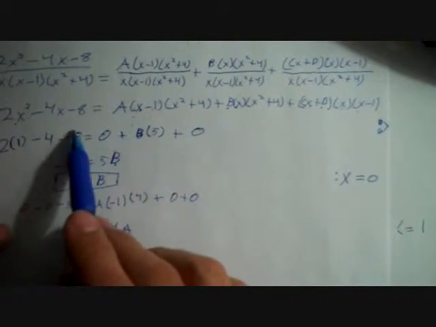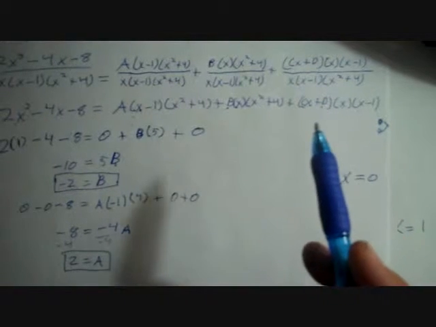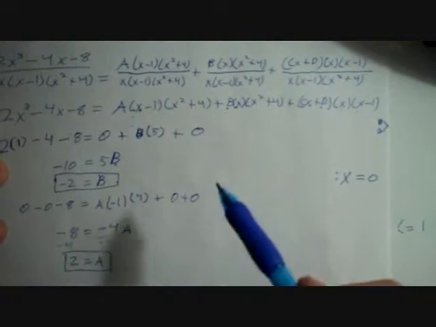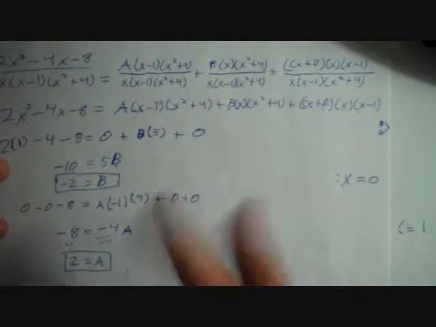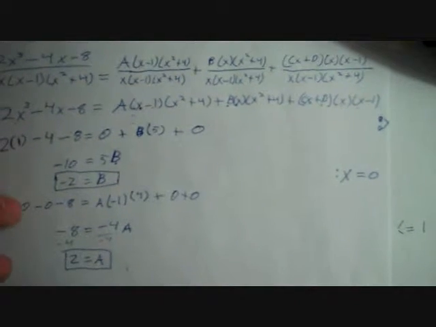Then we'll have an equation in terms of c and d, and then we'll have to do that again, only with a different value of x. So then we'll have another equation in terms of c and d. So then we'll have two equations with two variables, which is solvable.